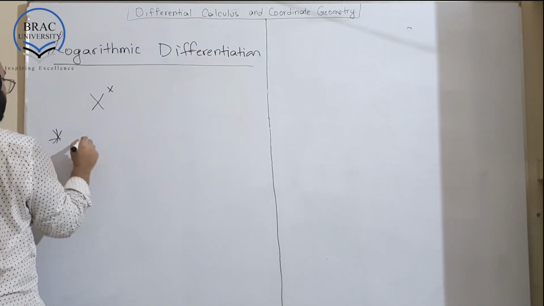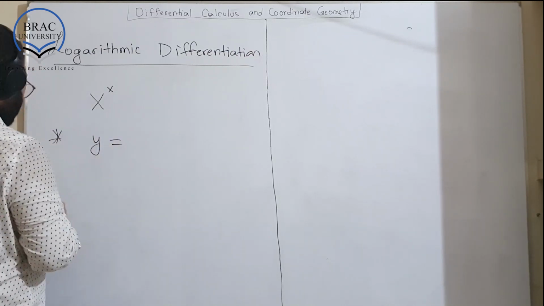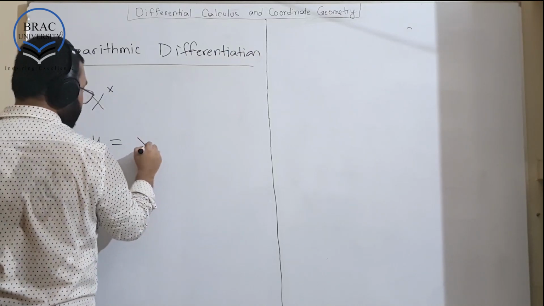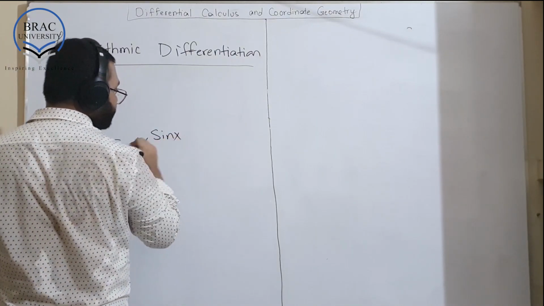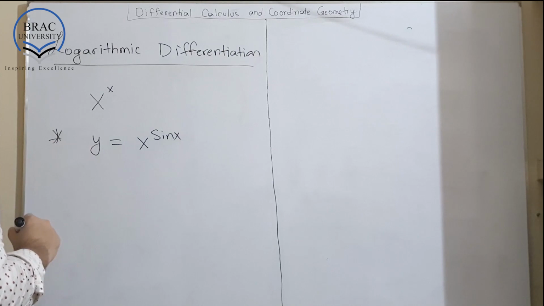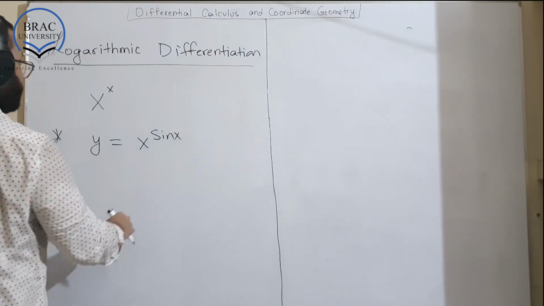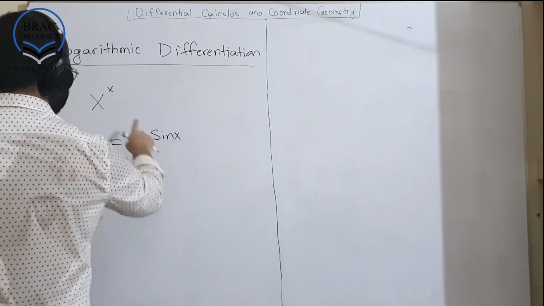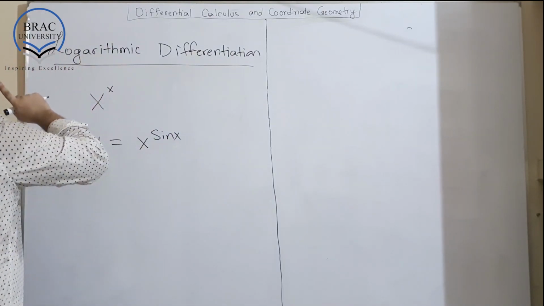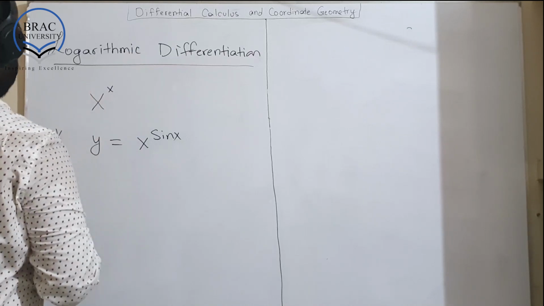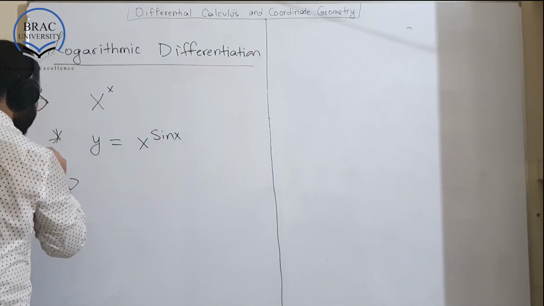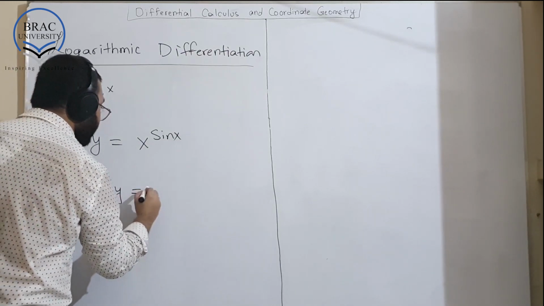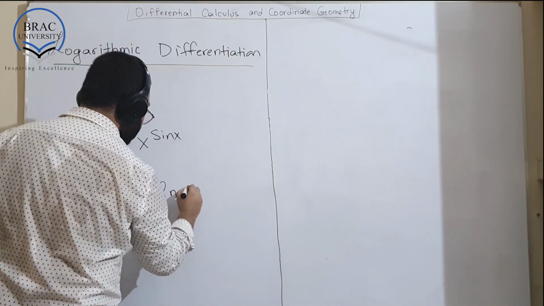Let's say we have a function y equals x to the power sine of x. How do we find the derivative of this function? Here, notice we have sine of x as an exponent. So we are to use the logarithmic differentiation technique. That is, take the natural log of y, so natural log of y equals sine x times log x.